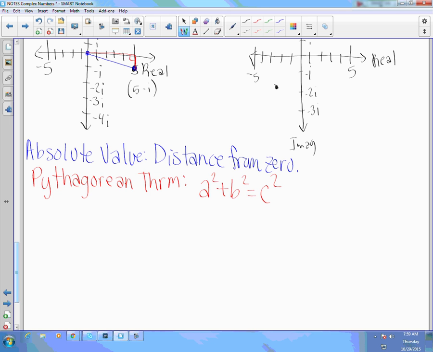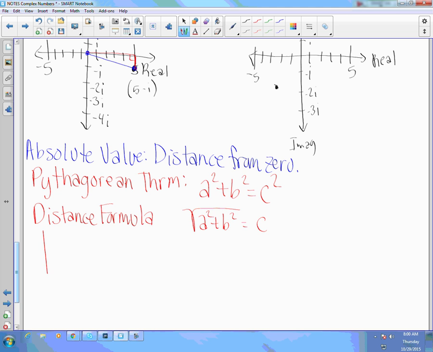So if we were to solve for C, to give us the hypotenuse, what's the inverse of squaring? So we can get rid of that square. Square root. So essentially we have the square root of a squared plus b squared, which equals the hypotenuse. This formula, when I solve for c, is actually called the distance formula. And that's essentially what we want: distance from 0, right?